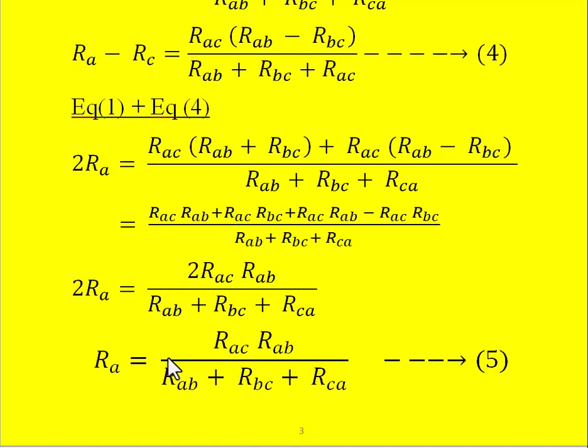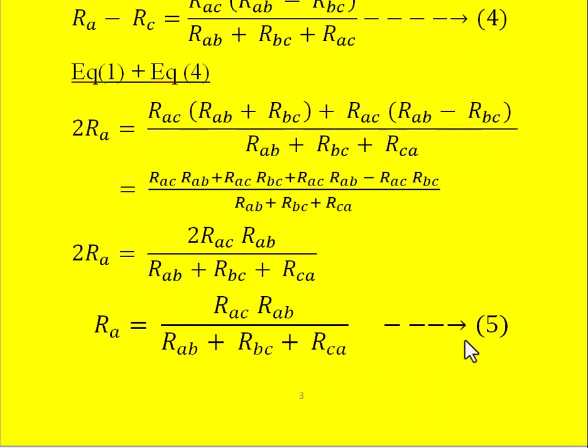Then whatever letters are missing in ABC, we add each letter here to the suffix. That is, B and C are missing. So B comes here. Similarly here C comes. So it can be easily remembered like RAB into RAC, divided by the sum of the delta connected resistors, that is RAB, RBC and RCA, and say this is equation 5.